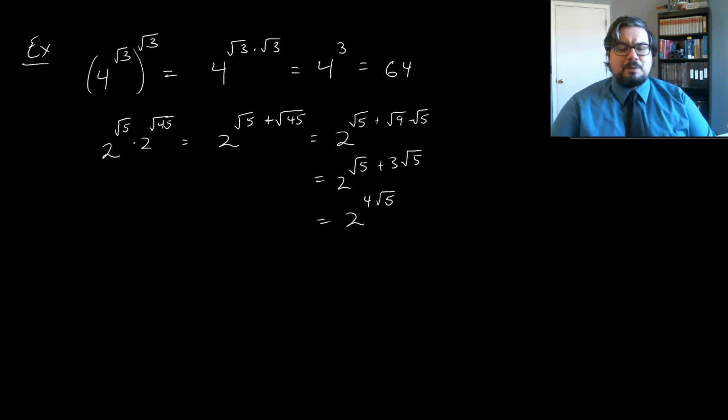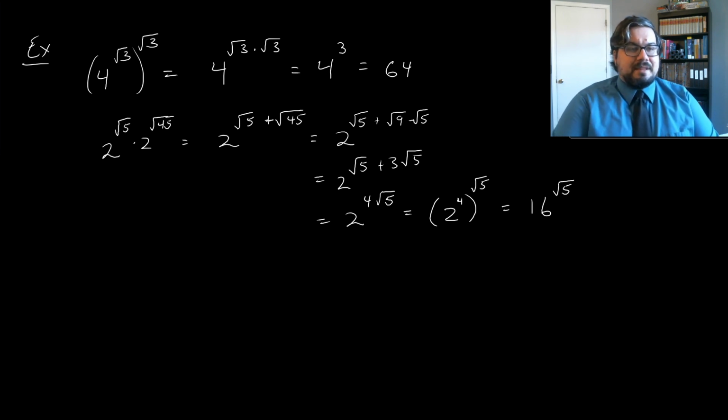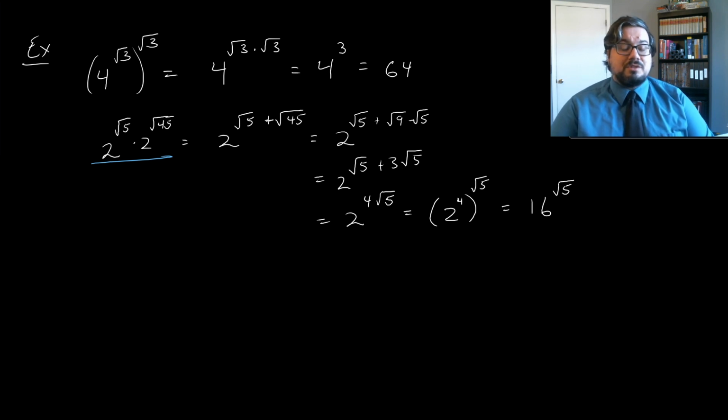A lot of times we would want to simplify an expression like this further and write this as 2 to the 4th, to the square root of 5, so that we can write this 2 to the 4th as just 16. So the expression that we had to begin with, 2 raised to the square root of 5 times 2 to the square root of 45, is the same as 16 raised to the square root of 5.